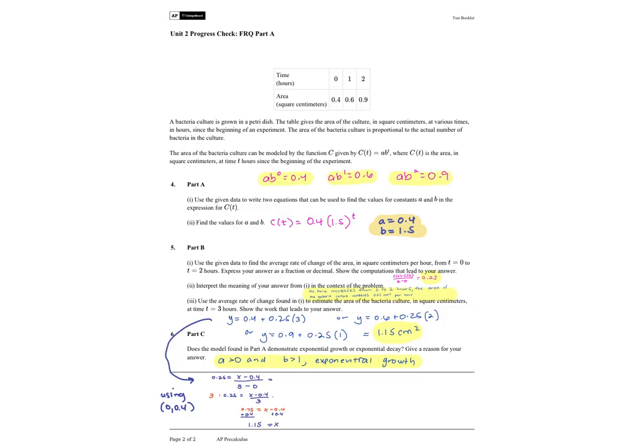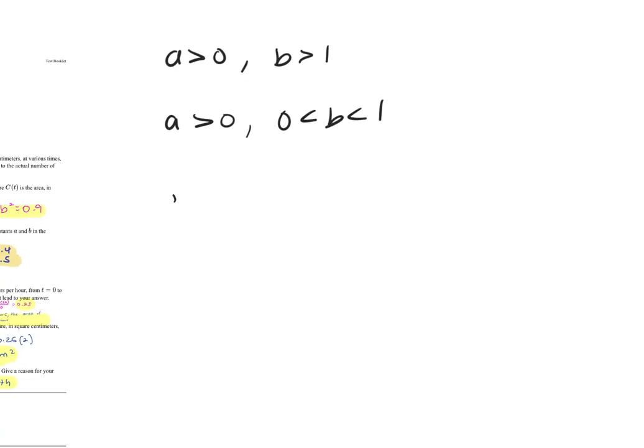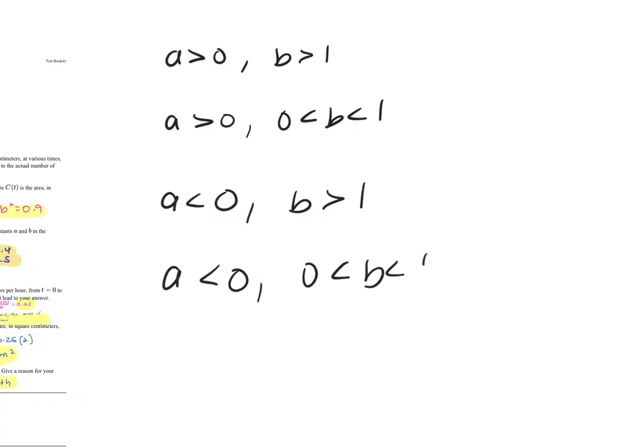If B was less than 1, it would have decay. Think about all those scenarios. The 4 scenarios are: A greater than 0 with B greater than 1; A greater than 0 with B between 0 and 1; A less than 0 with B greater than 1; and A less than 0 with B between 0 and 1.